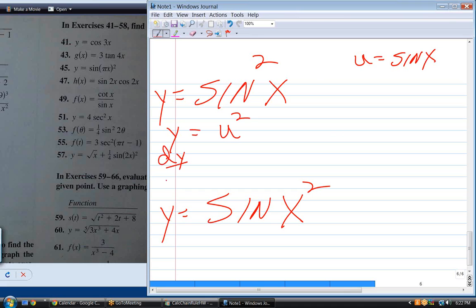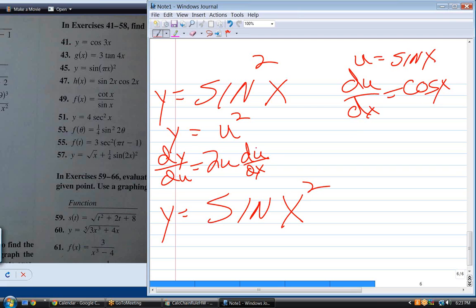In other words, dy du would be 2u times du dx, and du dx is cosine x. So I'm going to multiply this, instead of by du dx, by cosine x. Go back in, substitute for u. I was using sine x.